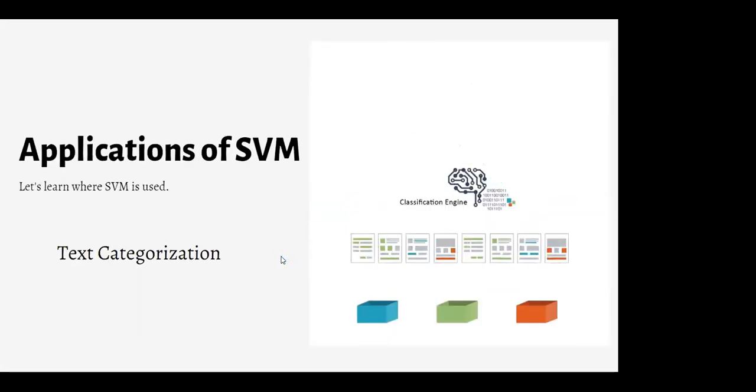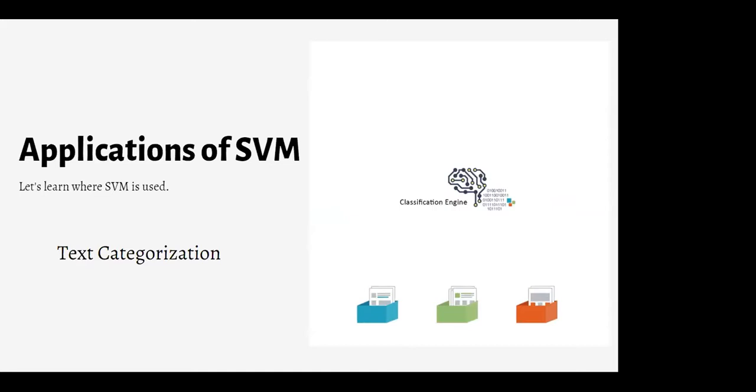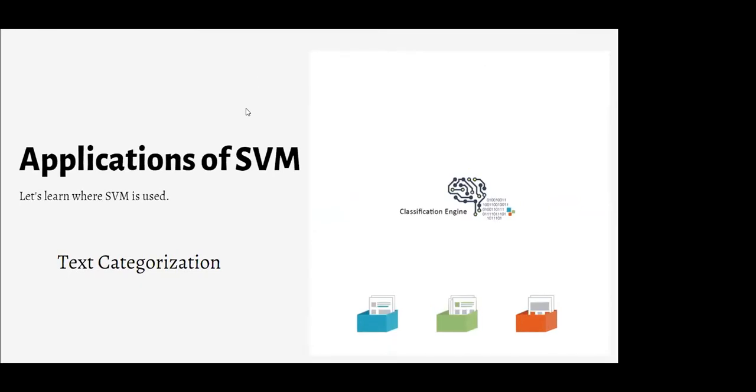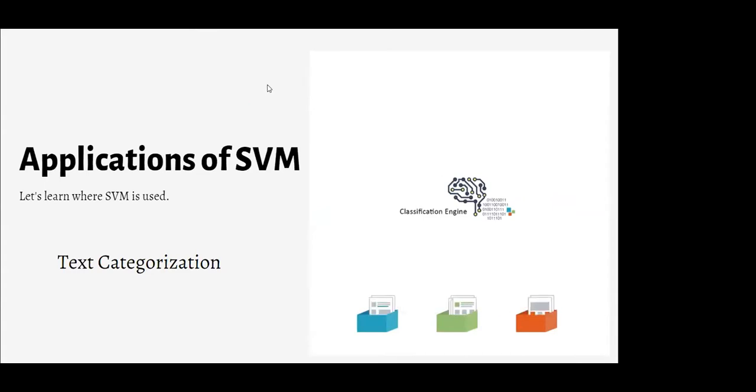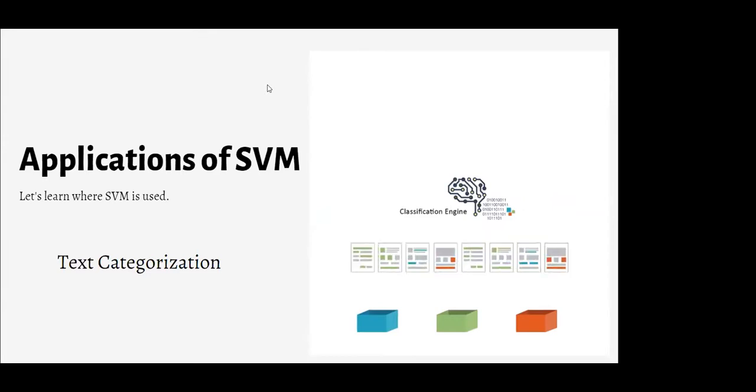Text categorization. The next application of SVM is text categorization. SVM is also commonly used in NLP for document, article, and general text classification. Our training data typically looks like a database of documents or text classified into different categories.